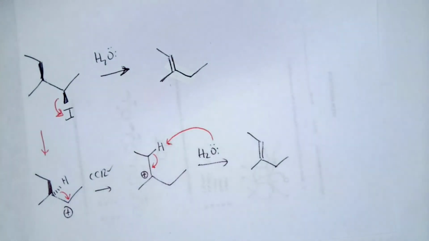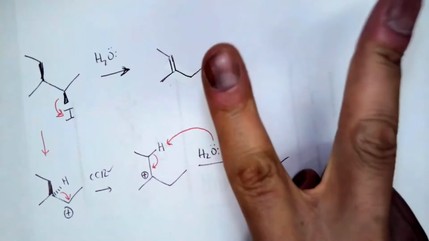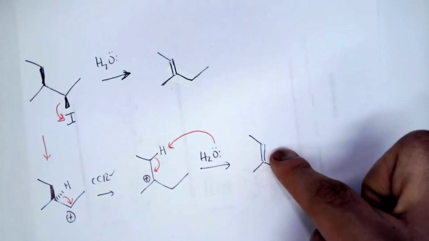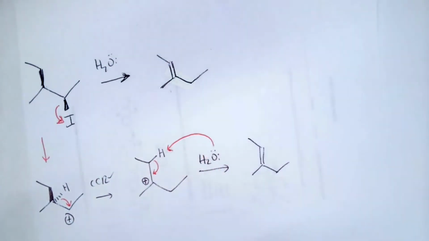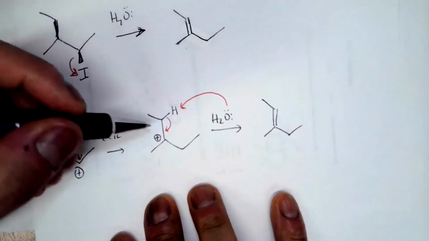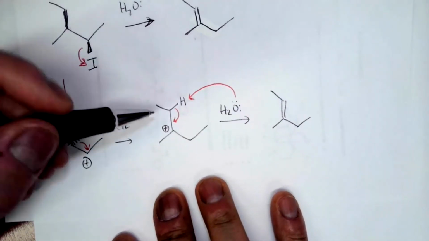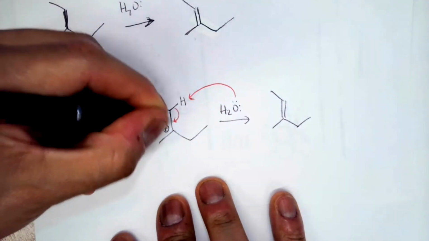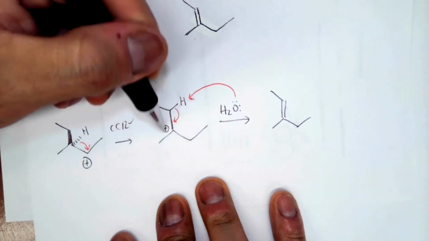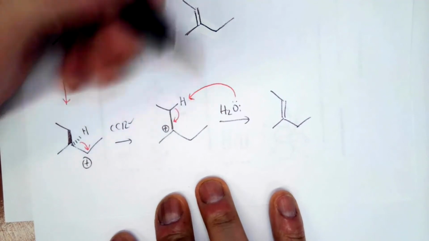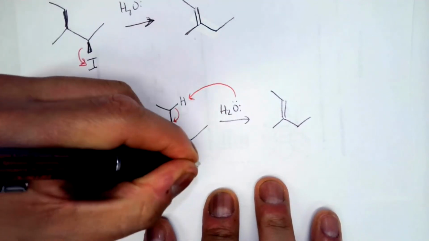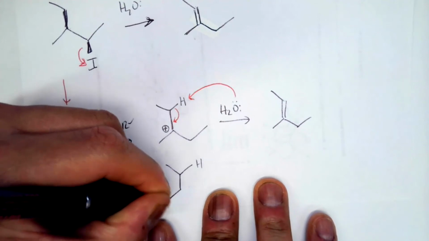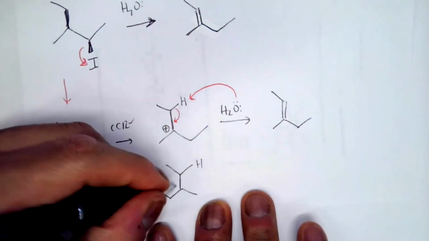Is that the only possibility for the reaction? No, actually, you get two alkenes. It's only that this one is the major product, but you get two alkenes. What are the two alkenes? They are formed here. When you form this tertiary carbocation, remember that this one is a sigma bond. So this sigma bond can freely rotate. So you can produce that carbocation, or since it's rotating, you can also produce this carbocation.